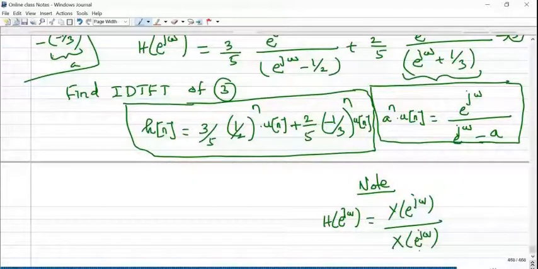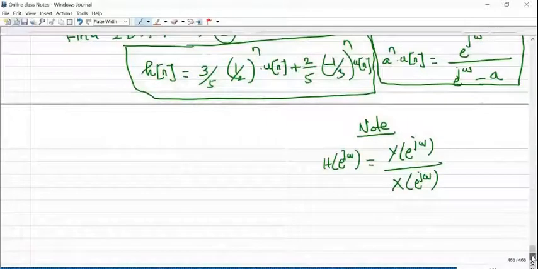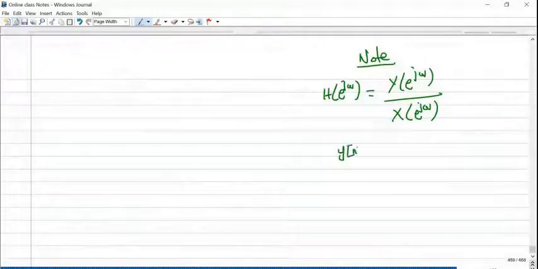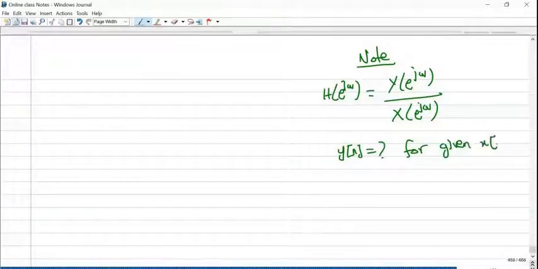Already in Fourier transform and Laplace transform we discussed. Suppose I need to find y of n for a given x of n.